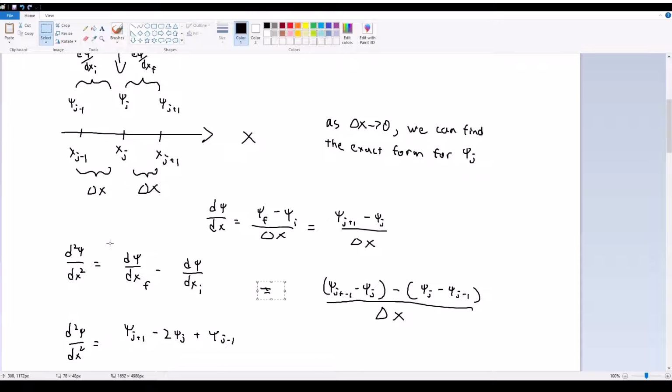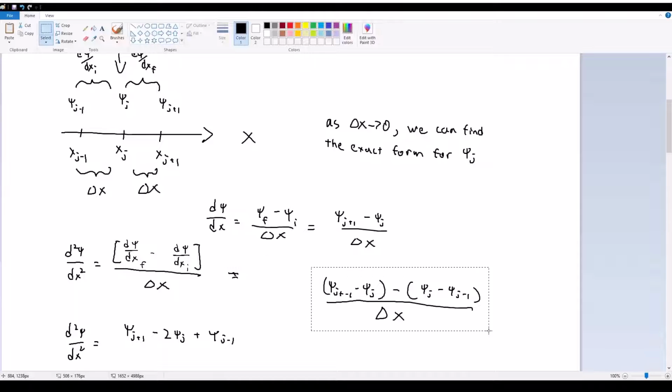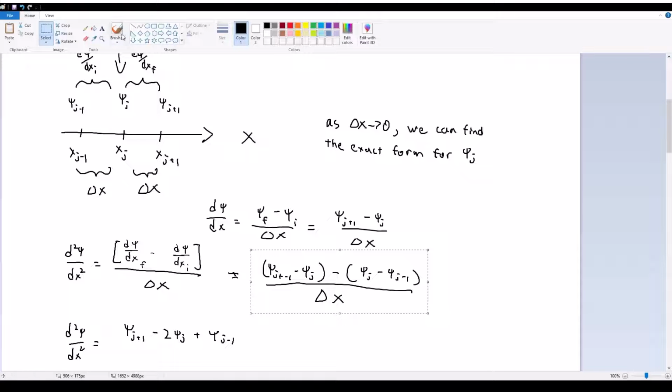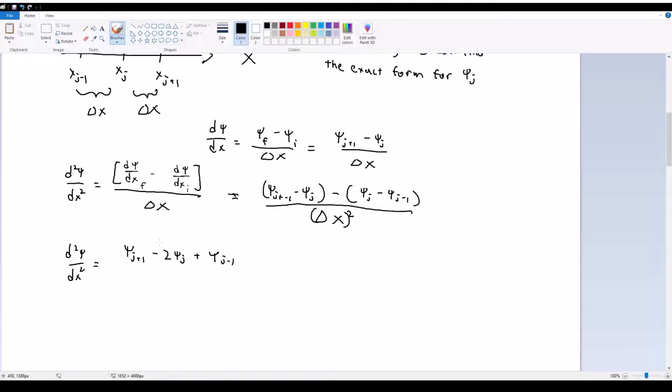So let's close this in parentheses and divide it by delta x again, because it's supposed to be the change in the derivative of psi with respect to x. So in that case, we're going to have a delta x squared over here, and we divide this by delta x squared.